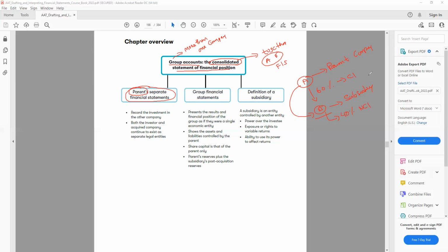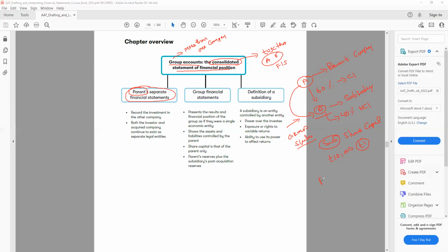Now, the next thing we have to understand is how this group structure works. To find out the group structure, we need to look at the subsidiary's share capital. For example, if the question says the subsidiary has a total of 10,000 shares, or let's say 10,000 share capital, and each share is £1, it means the company has 10,000 shares.